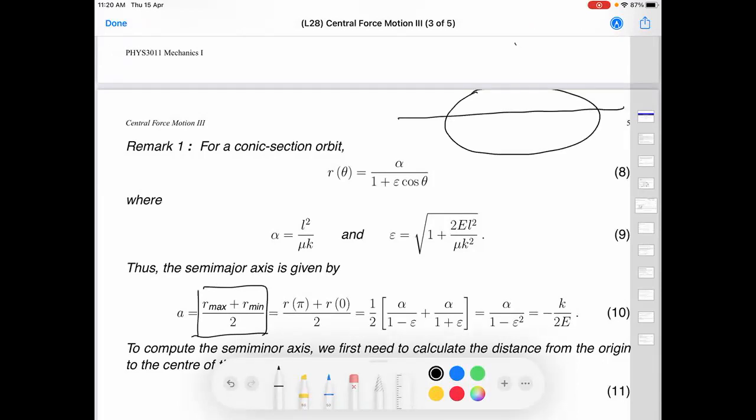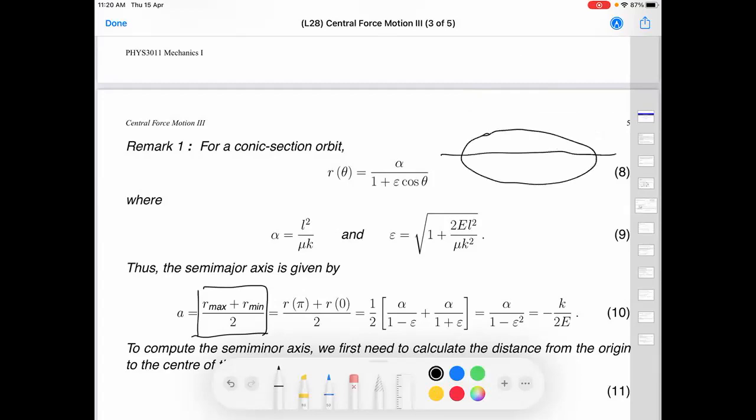Now, how do we represent the orbit? It is like this. So this is the origin. This is the radius, okay? And here is the center of the ellipse.